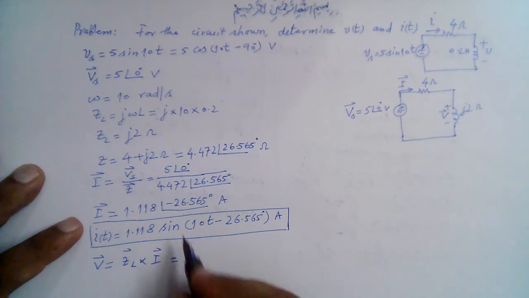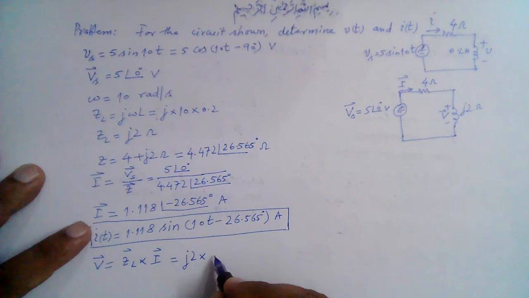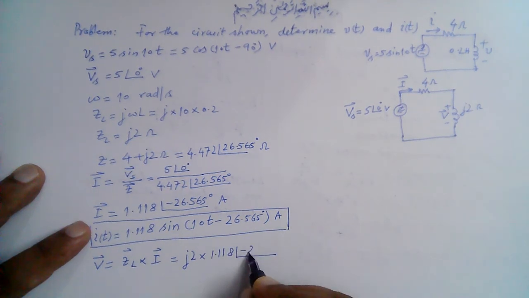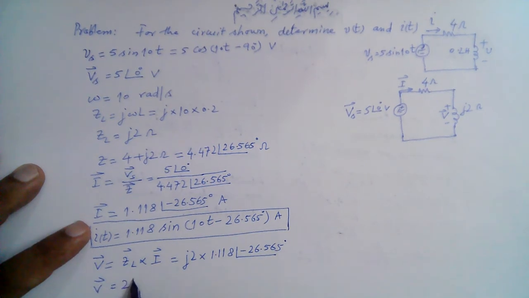So this is j2 multiplied by 1.118 angle minus 26.565 degrees. So j2 is simply equal to 2 angle 90 degrees, right? And that is multiplied by 1.118 angle minus 26.565 degrees.